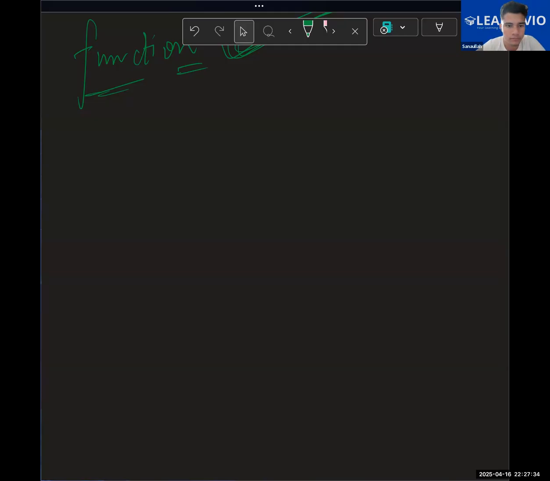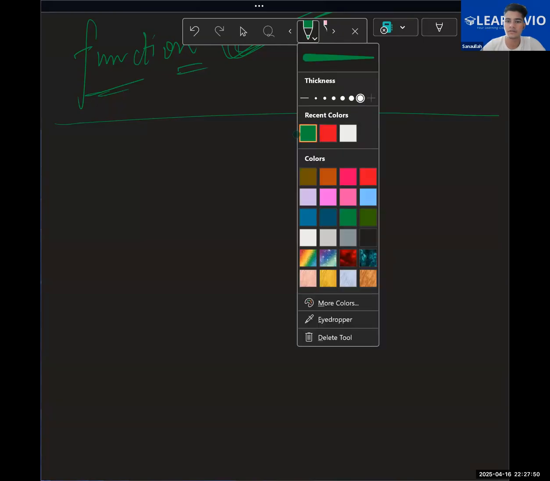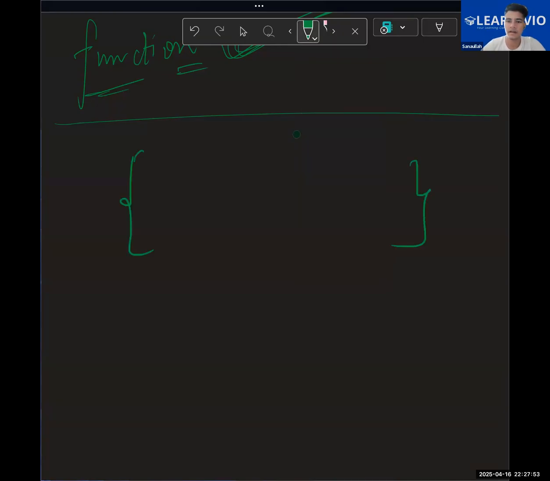Okay, so we are on sets. We can represent a set in two forms: roster form and set builder form. In roster form, we use curly brackets. If I have to write the vowels, I write {A, E, I, O, U}.